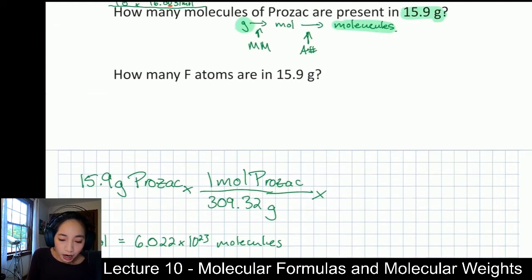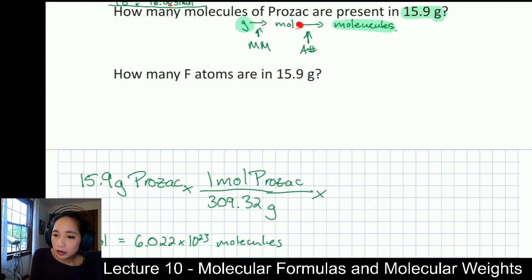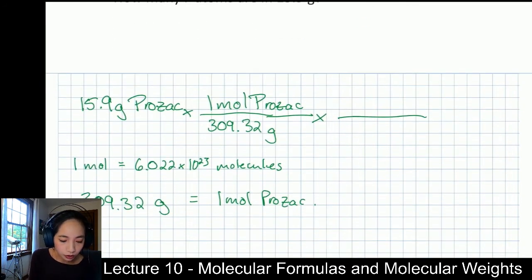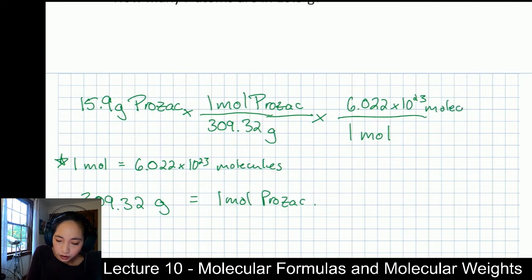So now I'm in moles. I'm here on our little chart. I went from grams to moles. So I could stop here and get moles of Prozac if that's what the question was asking, but it's not asking that. It wants molecules. So I need to go one step further and get to molecules, and I'll use the conversion factor that I haven't used yet, where 1 mole of Prozac equals 6.022 times 10 to the 23 molecules of Prozac, right?